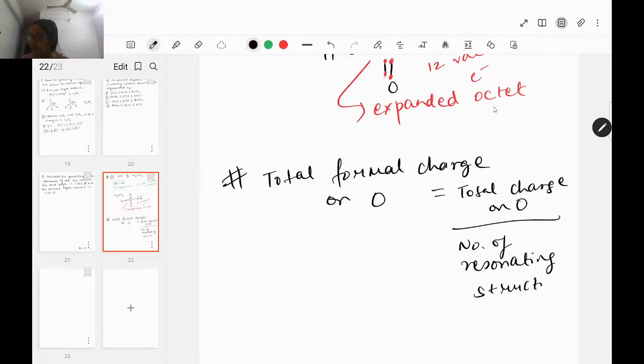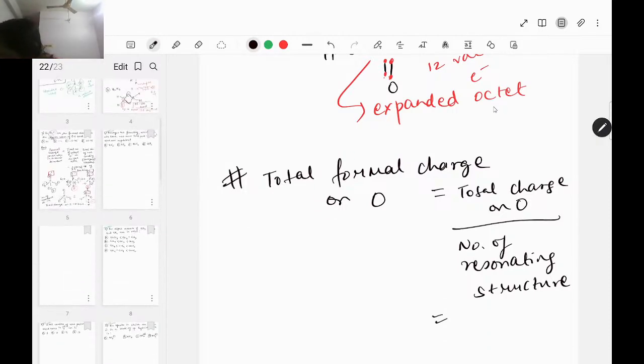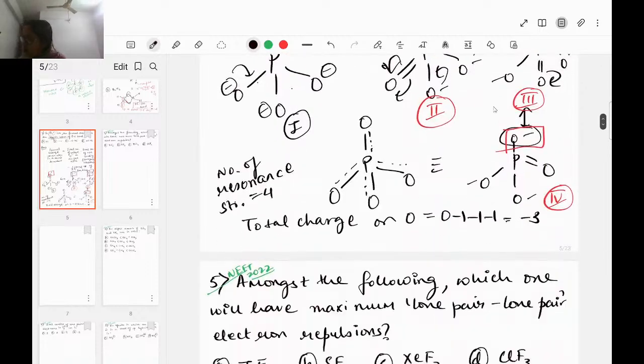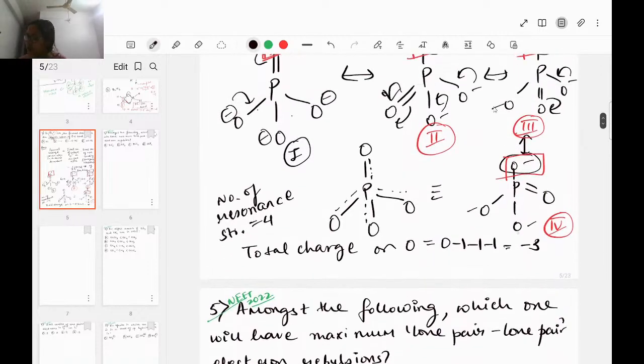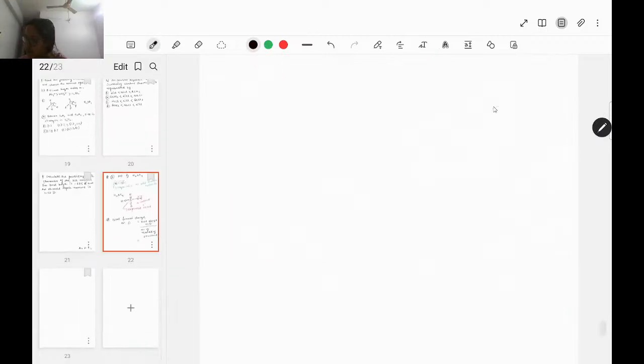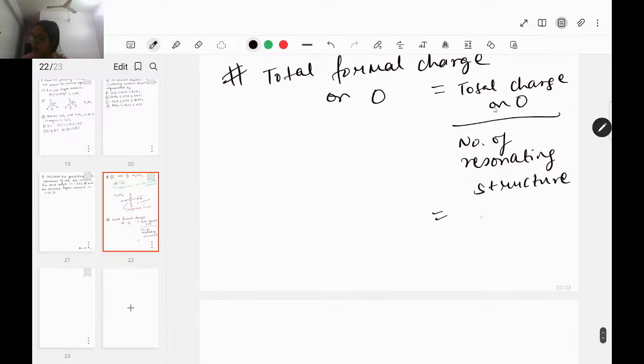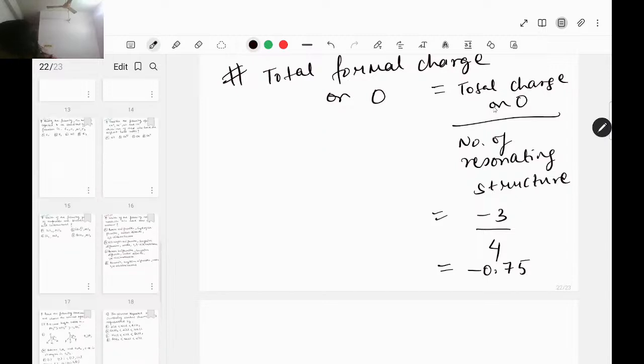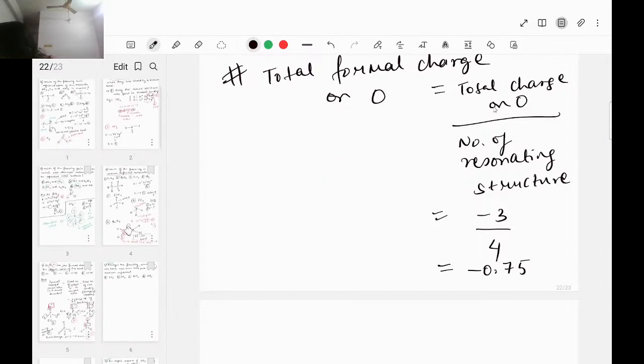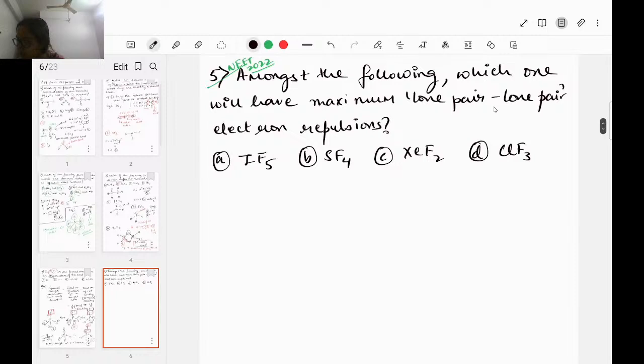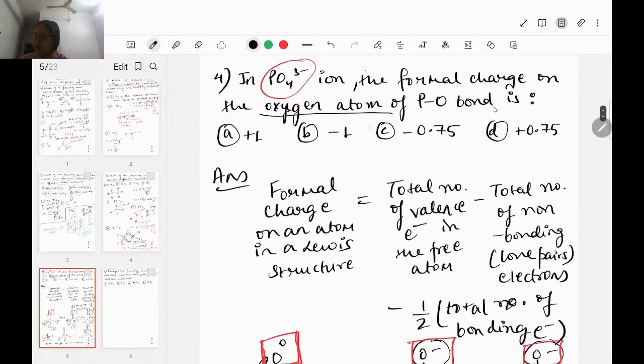We found out just a few minutes back that the total charge on oxygen is -3, and the number of resonance structures was 4. So let us write that down. -3 divided by 4 is -0.75. Do we have such an answer? Let us see. Yes, we have such an answer. This option C is the correct answer.